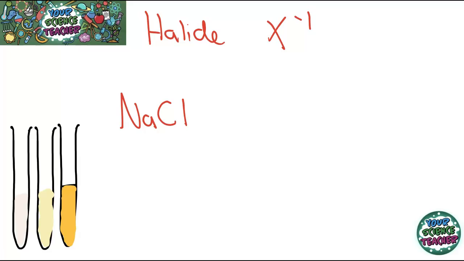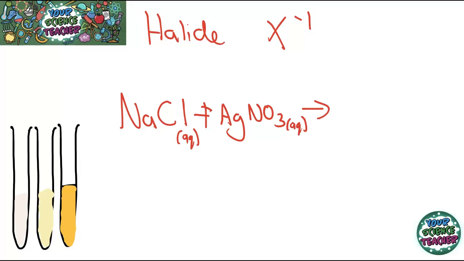And what we're going to do to test for it is we're going to add some silver nitrate. Now, when you do this, what happens is you make a silver halide. So this time it would be silver chloride, and I'll also make some sodium nitrate.